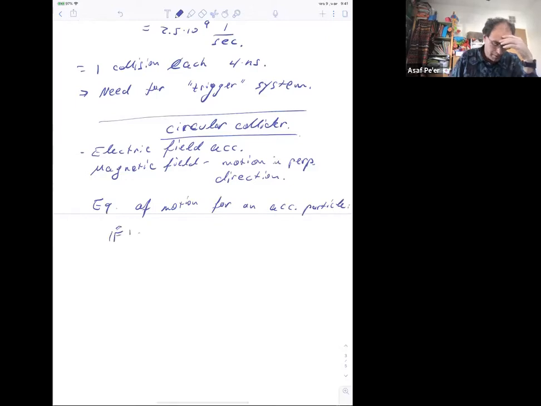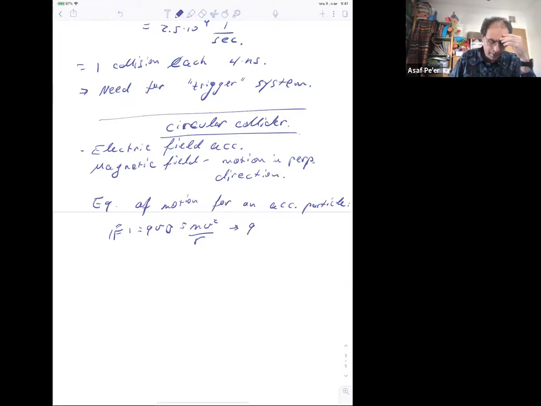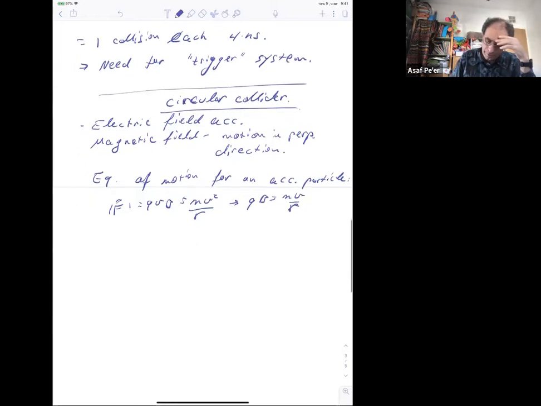F is just QvB, equal to mv squared over r, which means that QB is mv over r, which means that the momentum mv is QBR. That's the maximum momentum that you can have there. This is the non-relativistic one. The relativistic one, you'll develop at home.